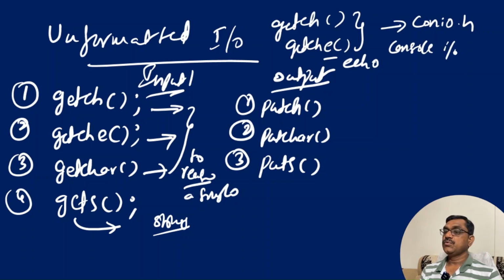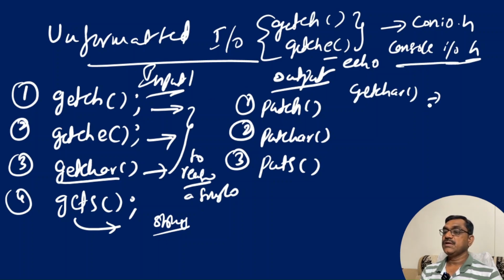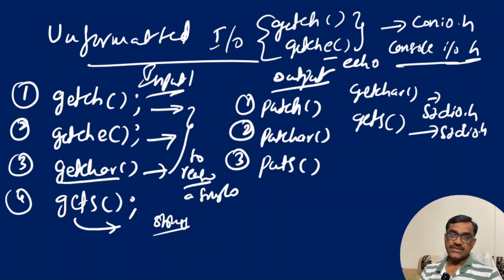Now, what about getchar? Getchar is a function which is available in stdio.h. Please remember this. Now, what about gets? Gets is also available in the standard input output header file. I will explain the difference by writing the programs.